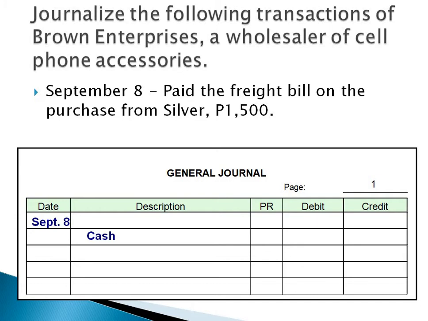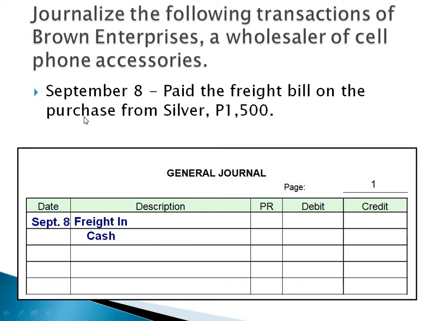What must be the debit? Paid the freight bill on the purchase? Freight in or freight out? Freight in. Because remember, we are on the point of view of Brown. Brown was the purchaser or buyer.